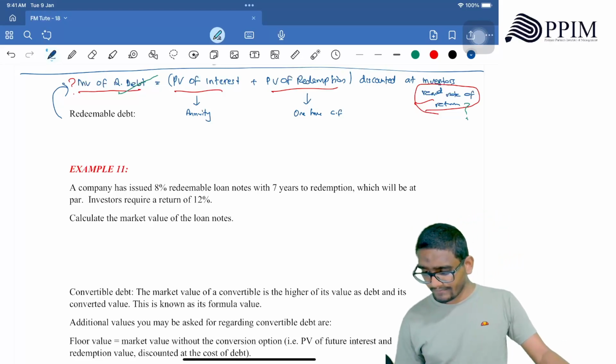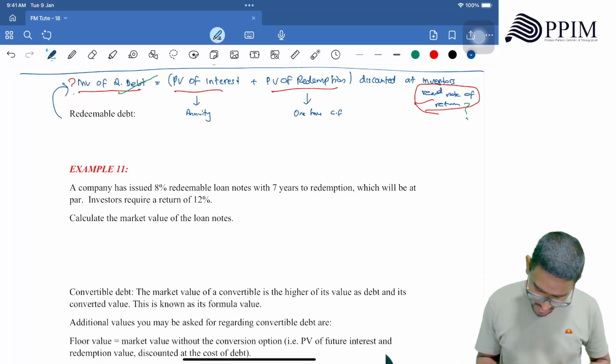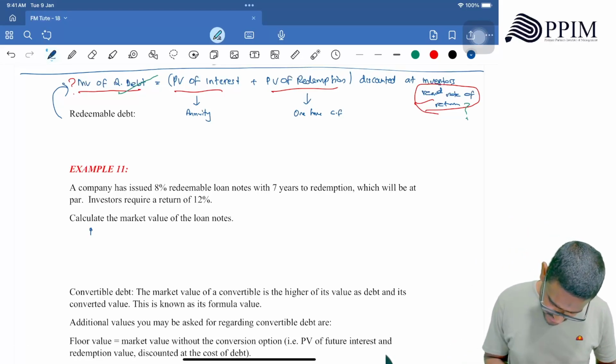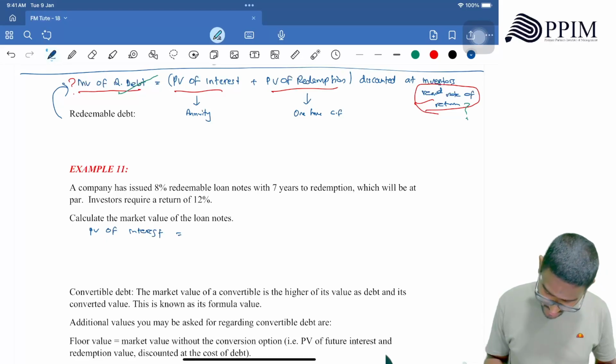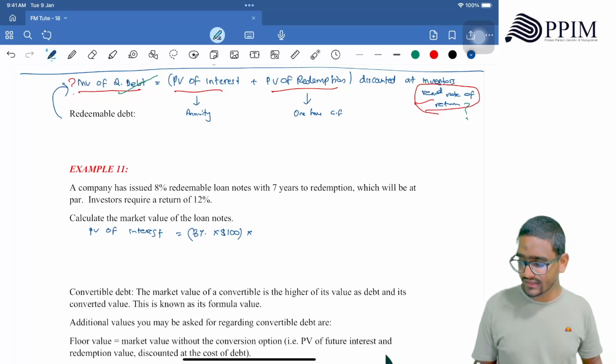Okay, so how much do you get there? So present value of interest. So it's an 8% loan note into the annuity factor at 12%.